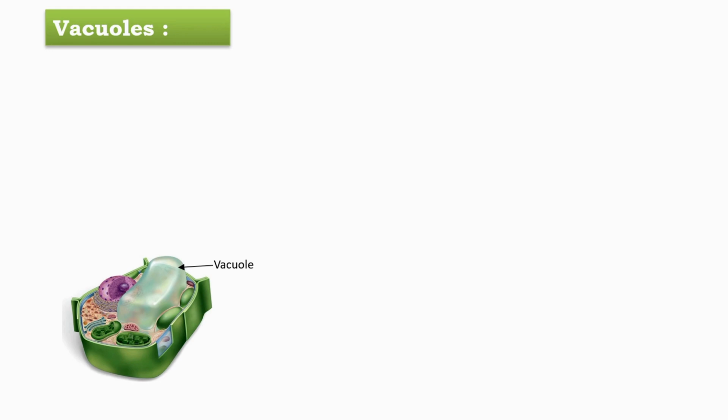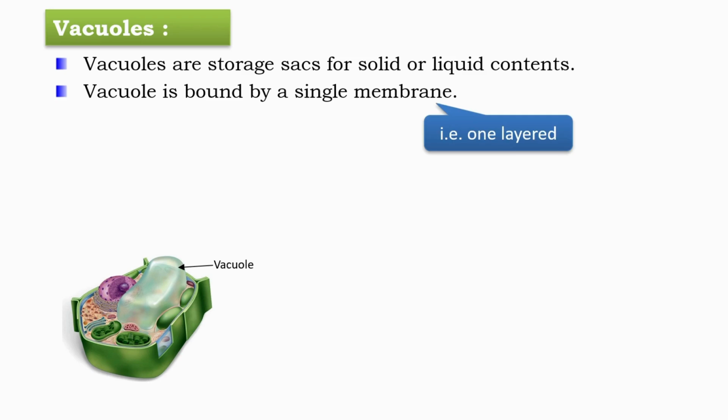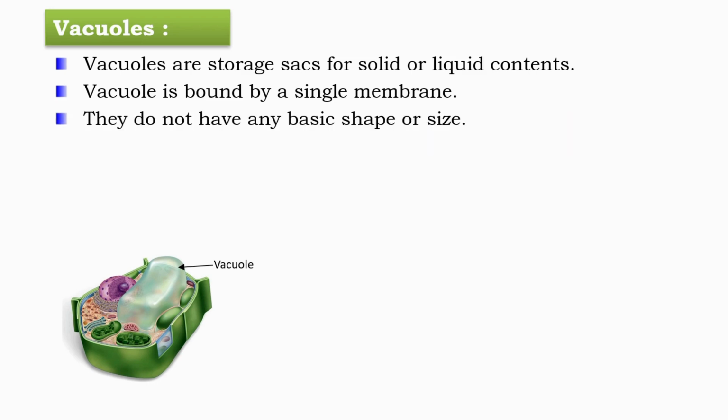Vacuoles. Vacuoles are storage sacs for solid or liquid contents. Vacuole is bound by a single membrane, that is, one layered membrane. They do not have any basic shape or size.